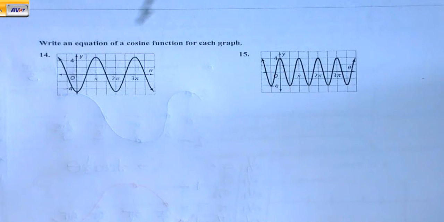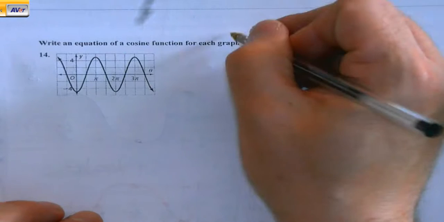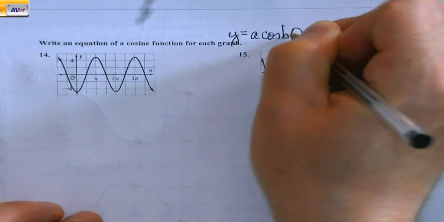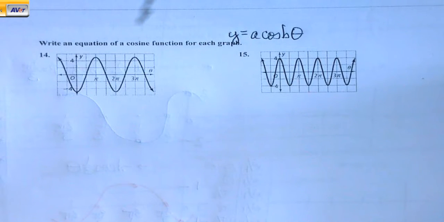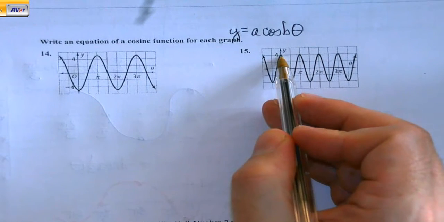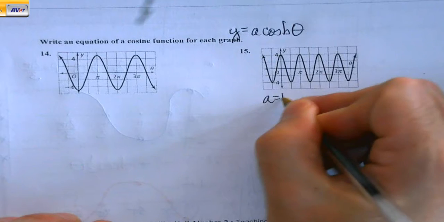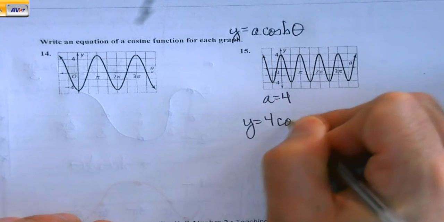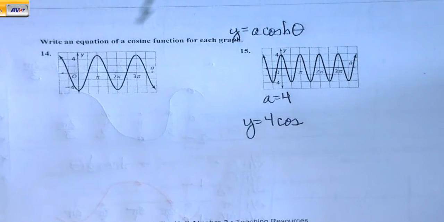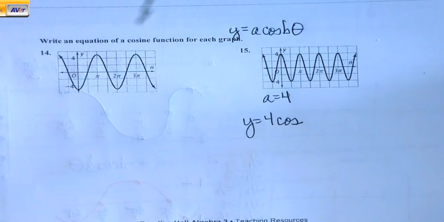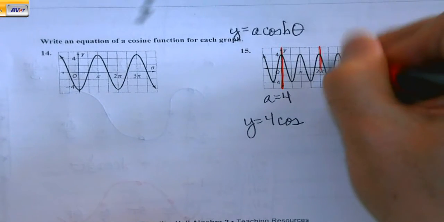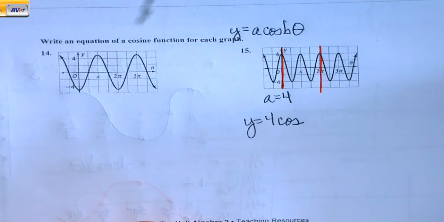Write an equation of a cosine function for each graph. Okay. I need to know my amplitude. I see that right away. So I know this part. But now, I need B. So remember, start at 0, end at 2 pi, excuse me.